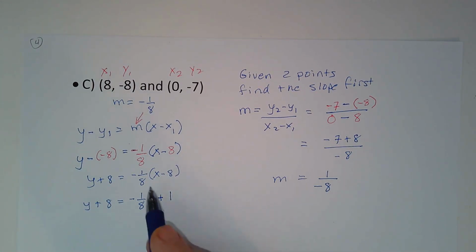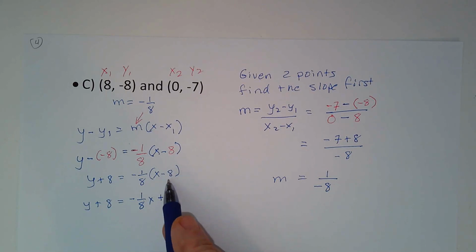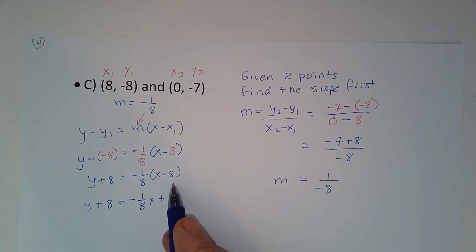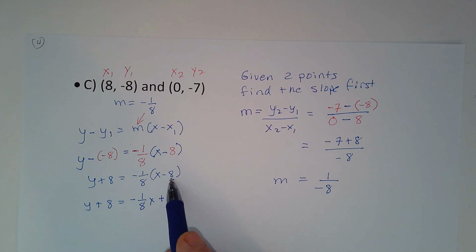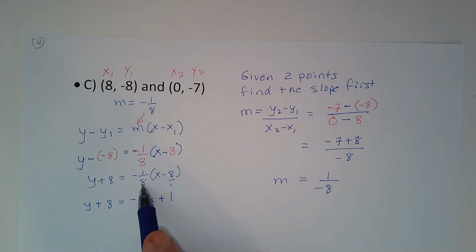Okay? Again, this is basically 8 over 1, right? And again, negative times a negative is positive. Negative 1 times negative 8 is positive 8. 8 times 1 is positive 8. 8 over 8 is 1.